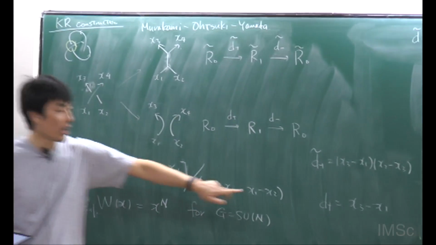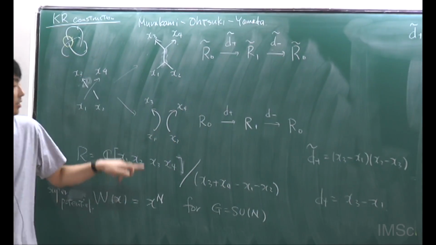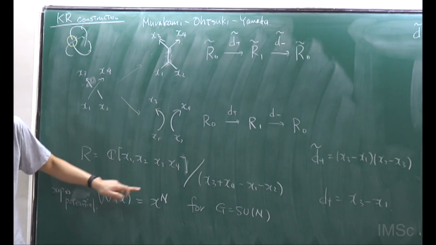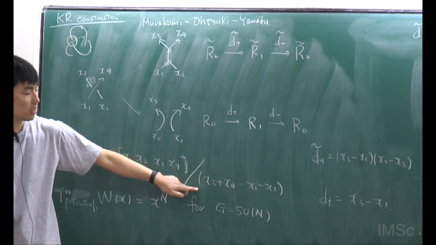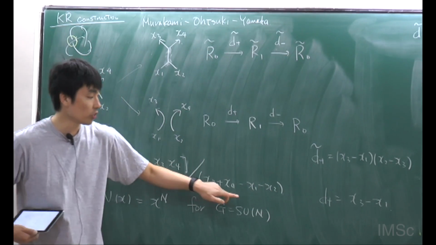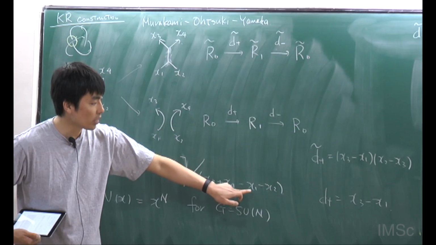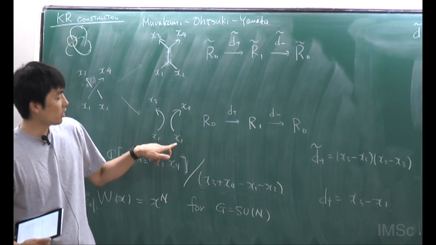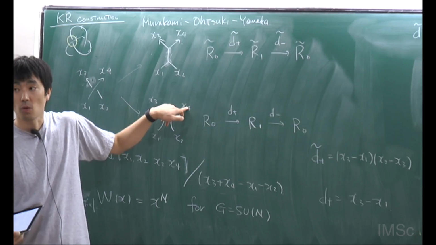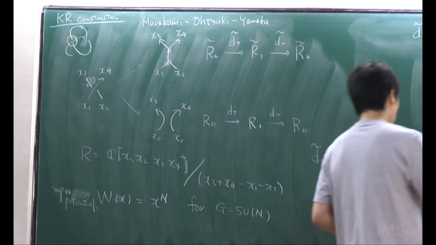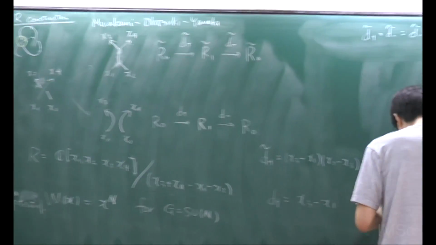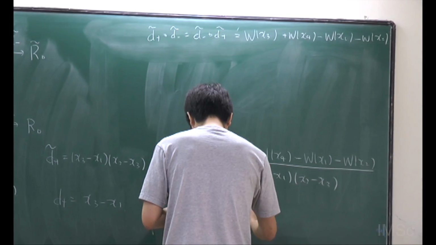If you use this relation, this ring, this is the ideal generated by this relation. Once you impose x1 equal to x3, x2 automatically is equal to x4. Okay? And D minus is given by the same thing.